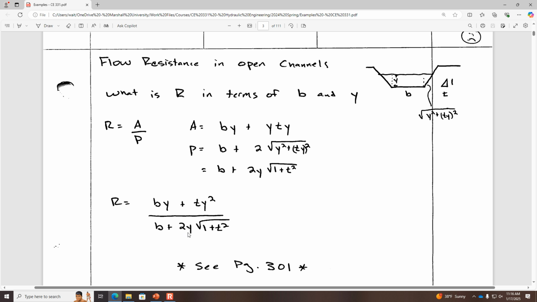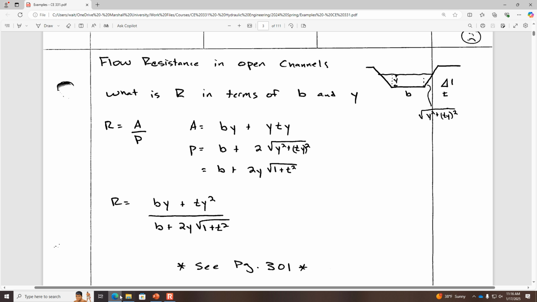So hydraulic radius then would be the area divided by the wetted perimeter. Then I've got this note here, see page 301. There's a table on page 301 that has these calculations and others related to the geometric properties of a trapezoidal channel. So I think maybe in the homework assignment you need to do some initial struggling with trapezoidal channel geometry, and I hope that these formulas will help you with that, for finding the area, the wetted perimeter, and then from that, the hydraulic radius.